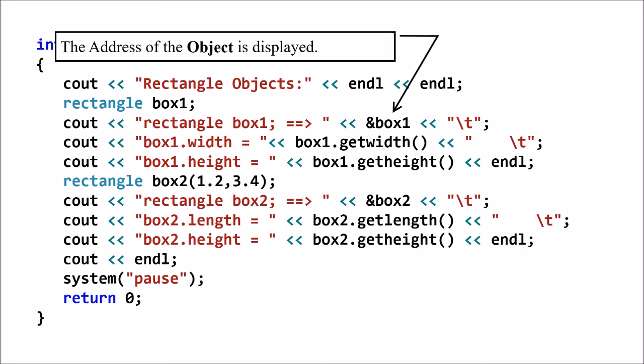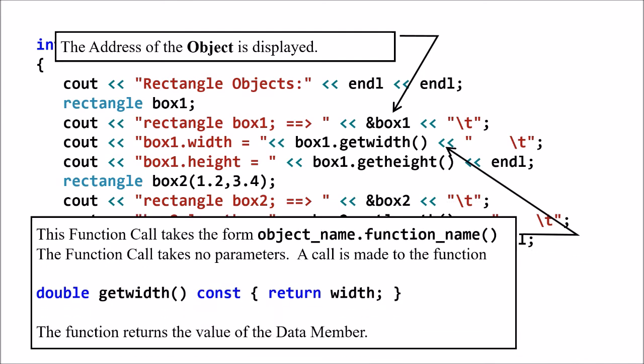The ampersand operator returns the address of the object box1, so it will print out the address number where this object is located, and then it tabs over and prints out a bit of text, and then there is a function call to retrieve the width of box1 from the Rectangle class, and that function call has the form of the object name and then the dot operator and then the function name and then the parameters inside the parentheses. So this function call follows that format.